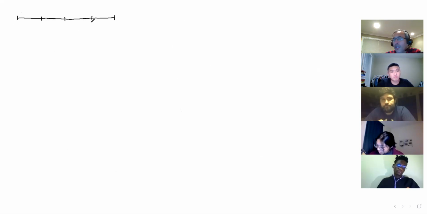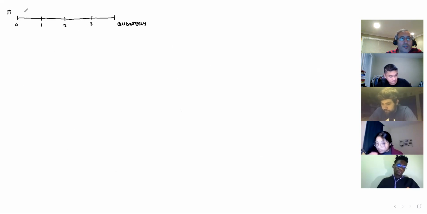This is quarterly inflation. So imagine here I have a 3%, a 2%, a 2.5%, and a 4% per quarter. I'm exaggerating, but let's assume.